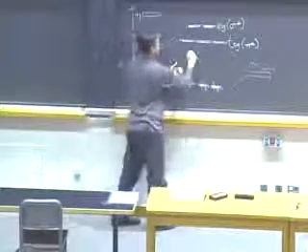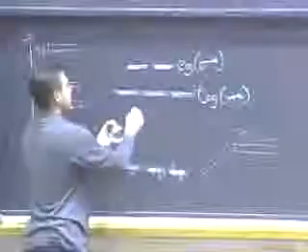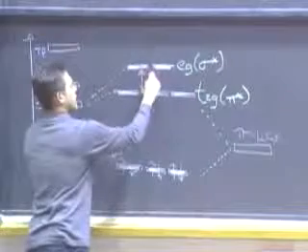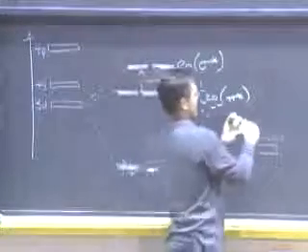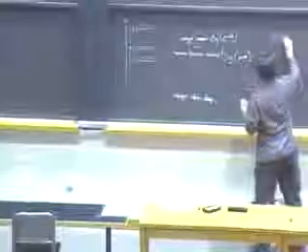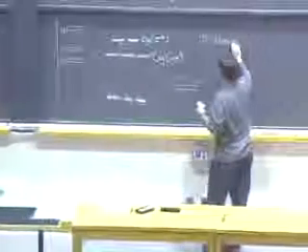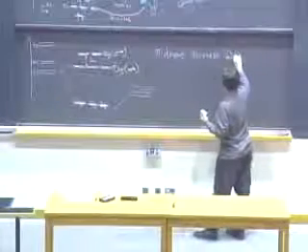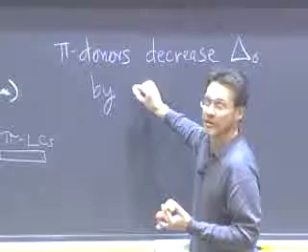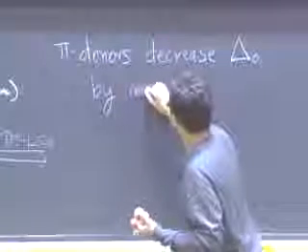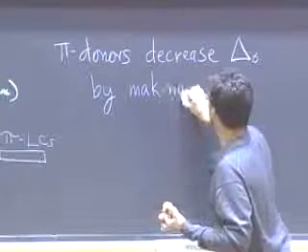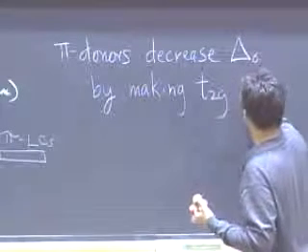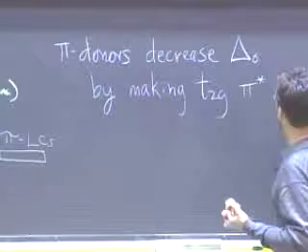And the key observation here is that pi donors decrease the magnitude of delta O by raising the energy of T2g, by making T2g pi star in character, antibonding.